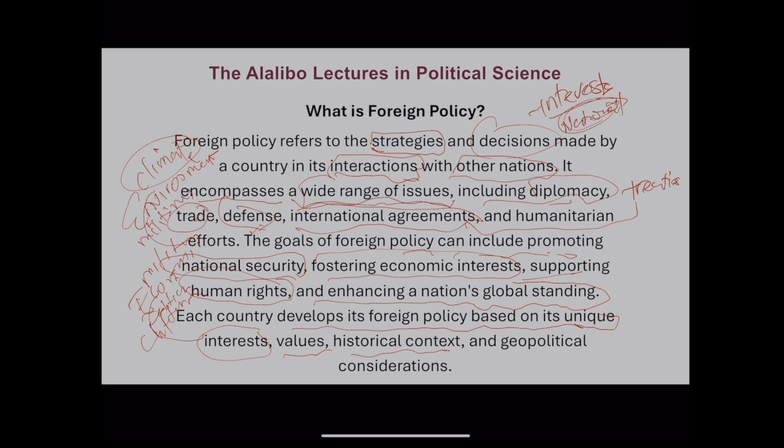It's not going to have such a powerful army that has nuclear weapons that could threaten the world. So foreign policy is very important because that is how countries make their positions clear on the global stage as to where they are going, the direction they are going, as to how they will interact with and respond to certain situations, based on their own national interest, their own history, their geopolitical considerations, a whole host of things.